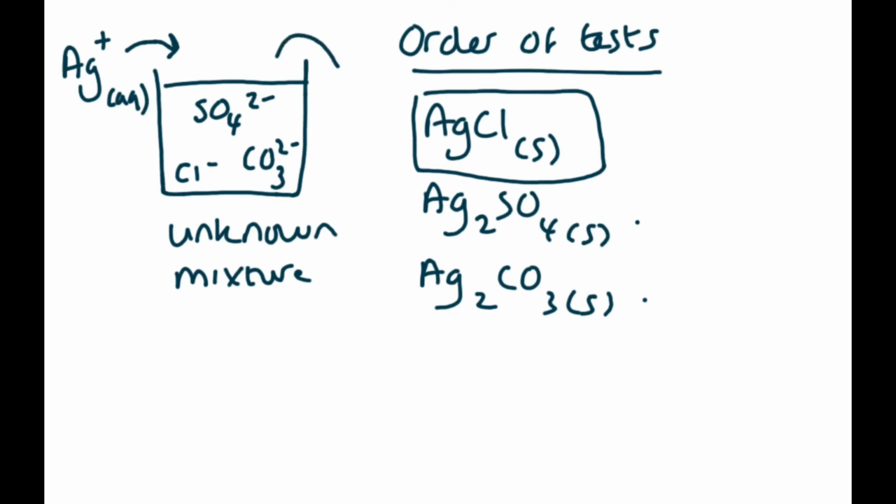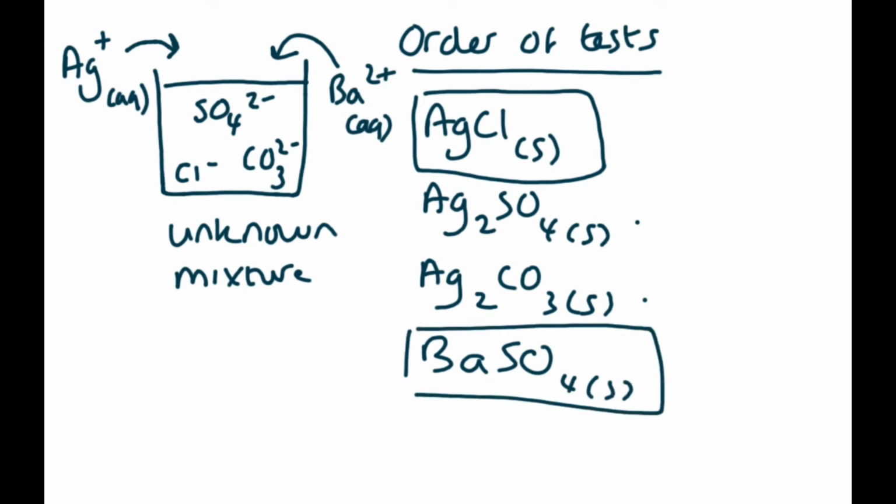Similarly, if we add barium ions, and we're looking for barium sulfate, to see if we get a precipitate of barium sulfate, barium carbonate is also a precipitate, so that will confuse the results as well.